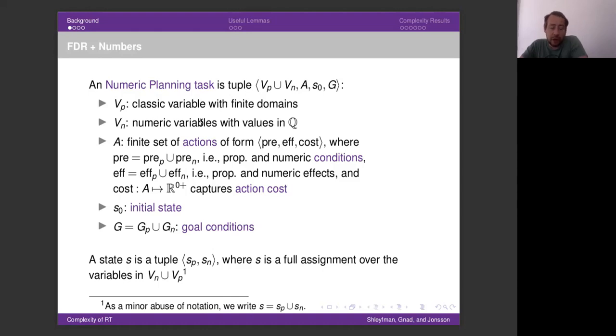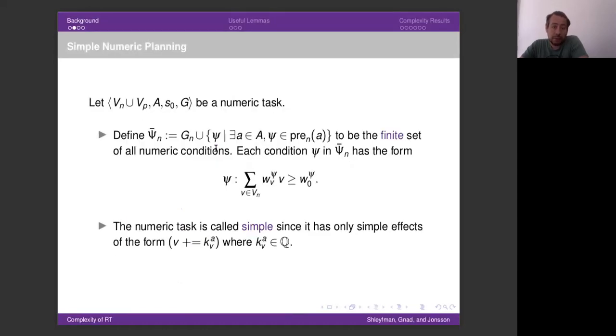Actions, once again, have classical preconditions and numeric preconditions, also classical effects and numeric effects. The initial state is the assignment over all variables. Goal conditions can be classical or can have numeric conditions. In numeric planning, numeric conditions are usually presented as linear formulas.